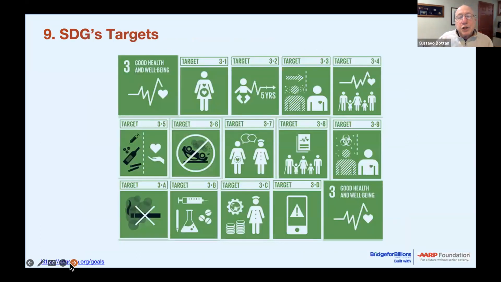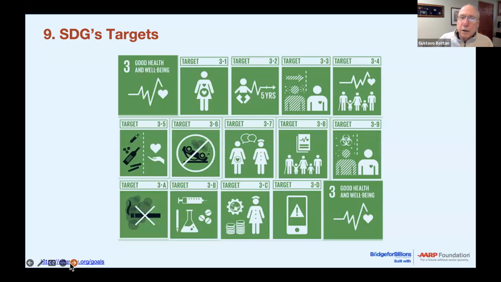There we go. So for each one of these, in this particular case the health one, you have many different targets. It could be particular populations, like for example target 3.2 is infancy. Target 3.1 might be neonatal, or things related to reproductive health, et cetera.